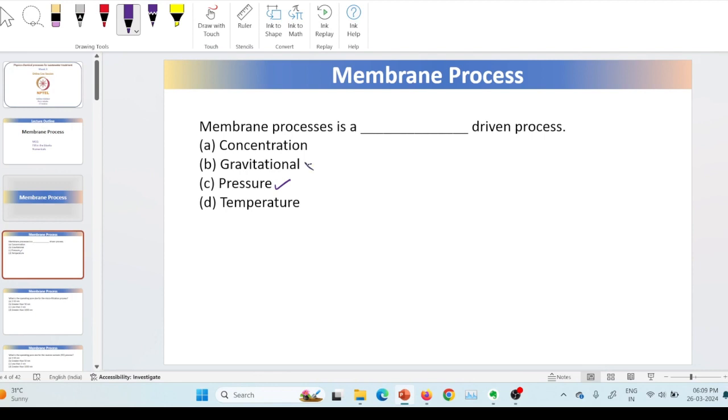It's not gravitational, not temperature, not concentration. We need to apply force so that the water can pass through the pores of the membrane.